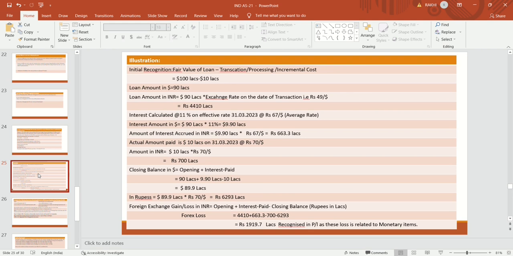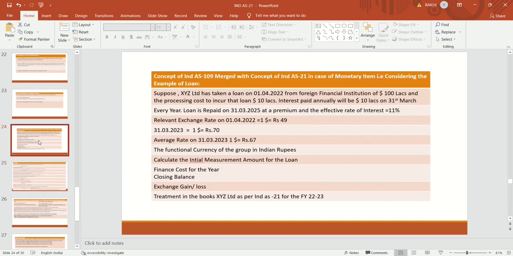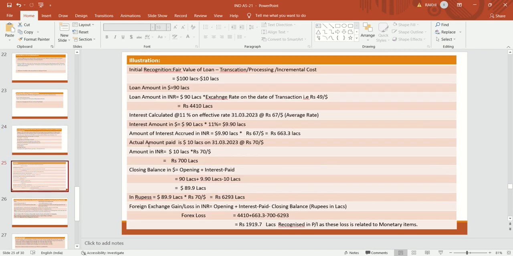Now we will calculate interest at the effective interest rate, that is 11%, on 31st March 2023. On that date, for interest calculation we will take into consideration the average rate, that is 67 per dollar.